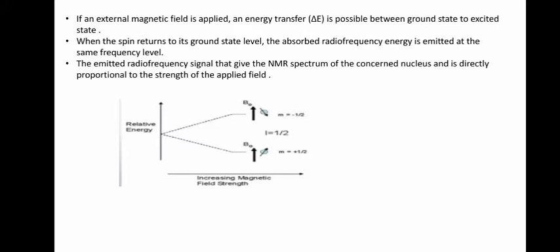If an external magnetic field is applied, an energy transfer is possible between ground state to excited state. When the spin returns to its ground state level, the absorbed radio frequency energy is emitted at the same frequency level. The emitted radio frequency signal gives the NMR spectrum of the concerned nucleus and is directly proportional to the strength of the applied field.